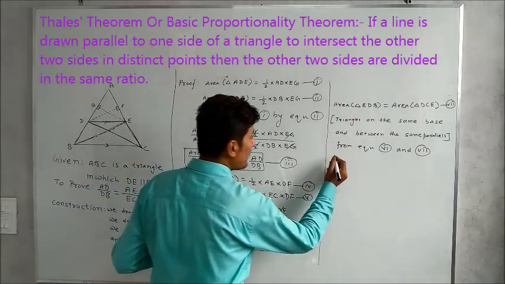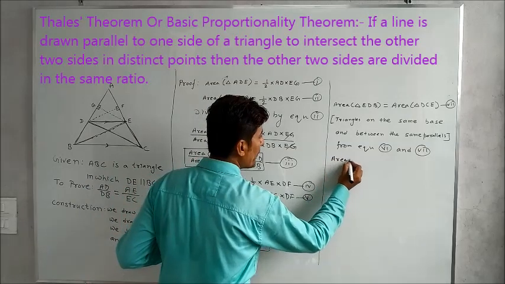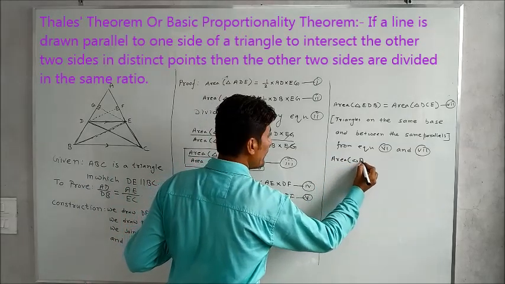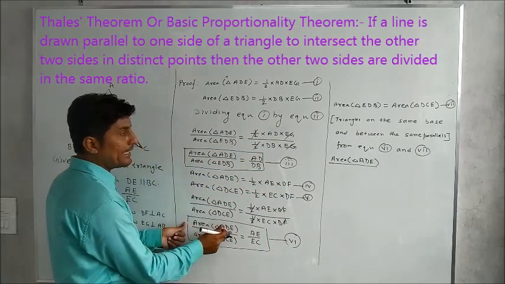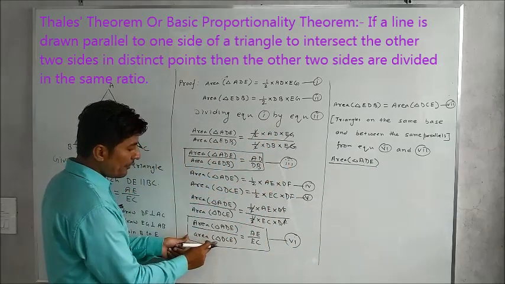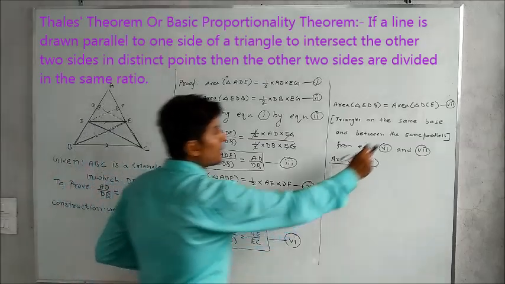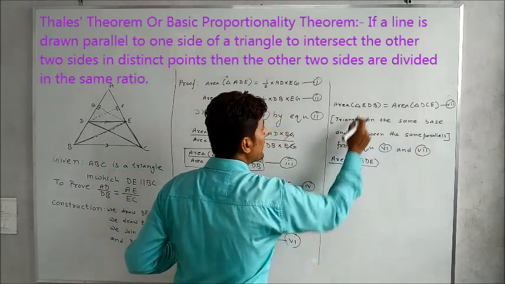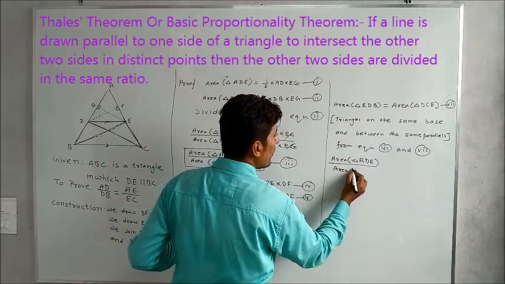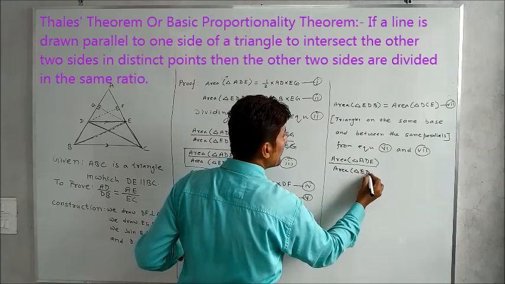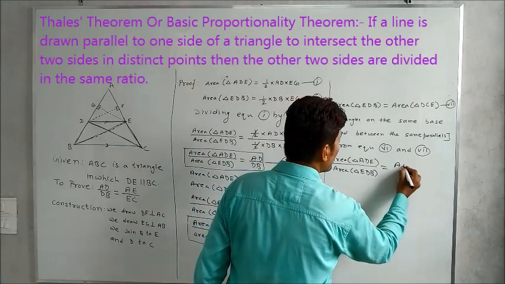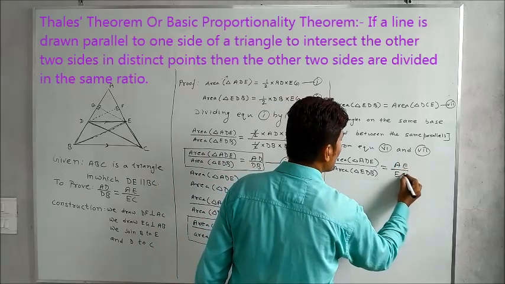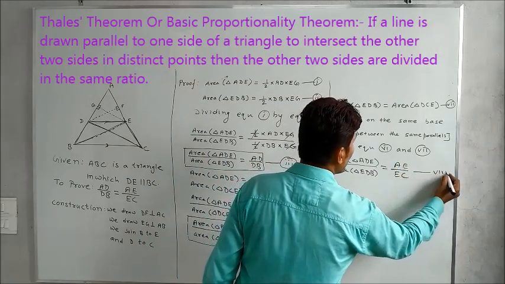Area of triangle ADE will remain the same. So we can write area of triangle ADE upon area of triangle EDB is equal to AE upon EC. This can be equation number 8.